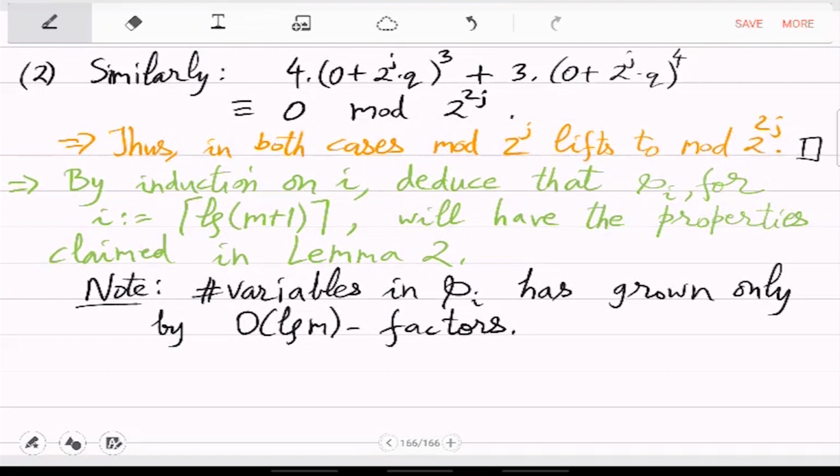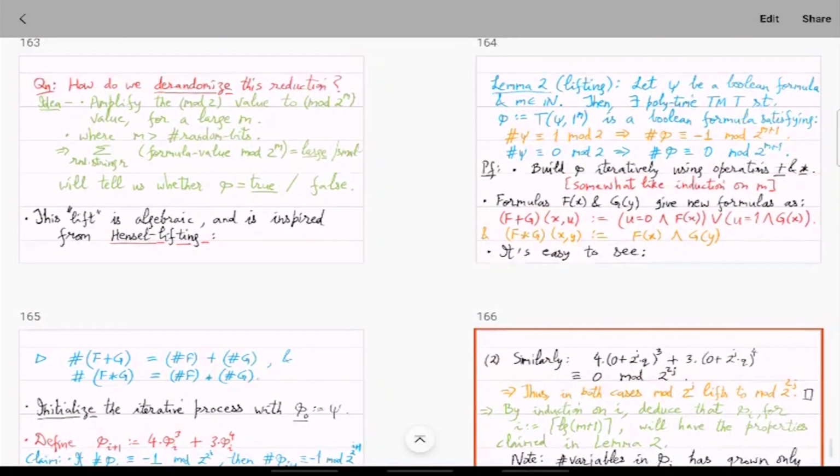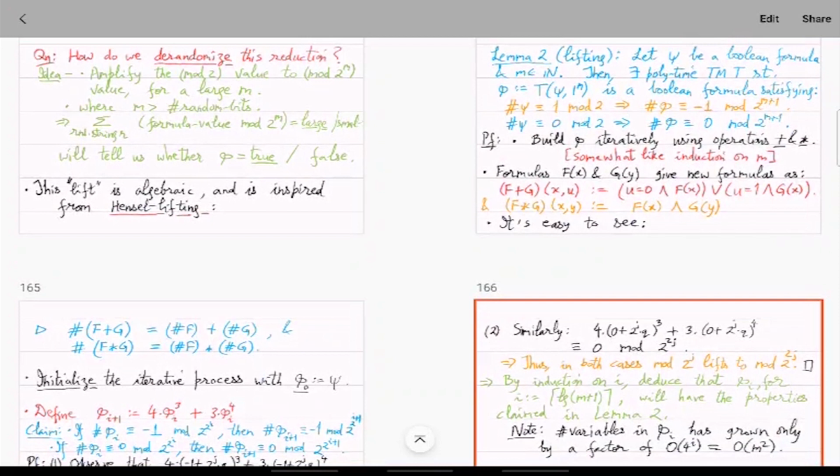So it will go up to 2 raised to i. So let me correct this. Only by a factor of 4 raised to i, which is something like m square. Okay, so lemma 2 only wanted a polynomial time transformation, and this is polynomial time. In terms of m, it is only quadratic. So this is how the formula will blow up, but not by too much.